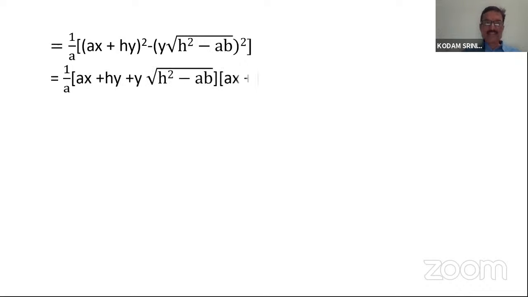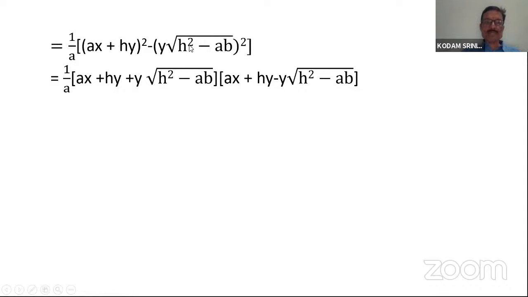In this case, the above terms are in the form of, suppose this is the a square part and this is the b square part. Already we have the formula that the expansion of a square minus b square can be stated as (a+b) into (a-b). So this term is a and this y into root of h square minus ab is the b term.